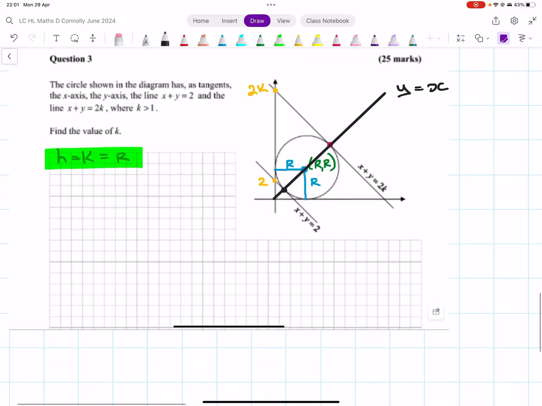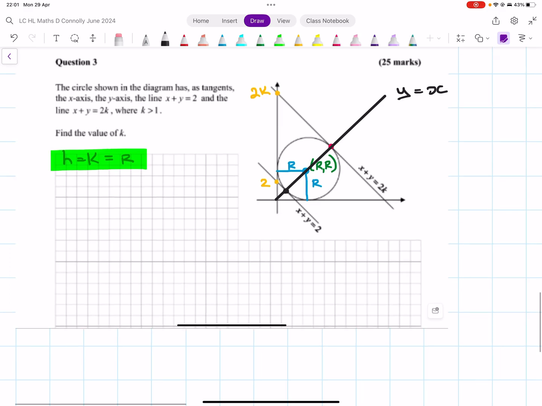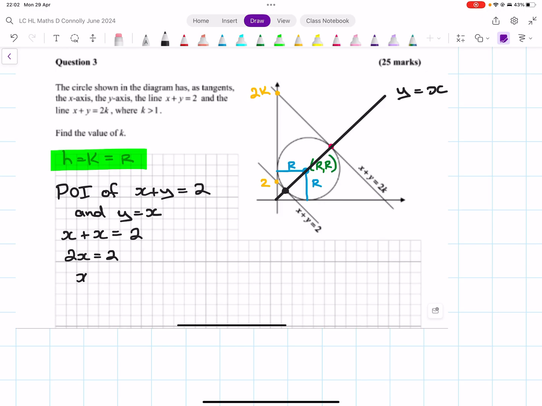Now, I should be able to find this point down here, the black point, by getting the point of intersection of x plus y equals 2 and y equals x. So if I let y equal x, I get x plus x equals 2, 2x equals 2, so x equals 1.